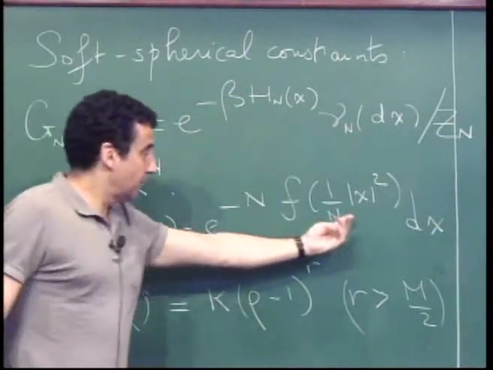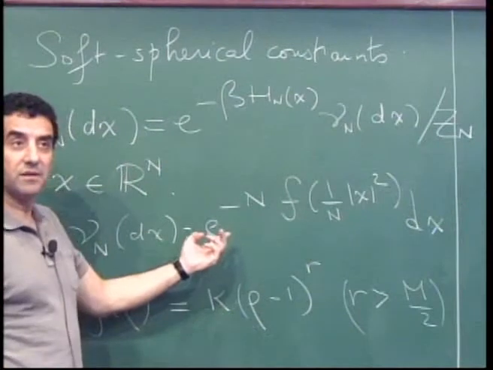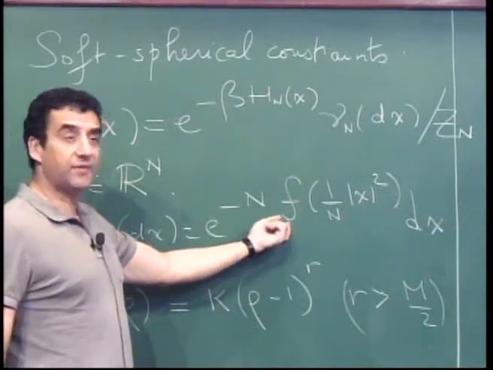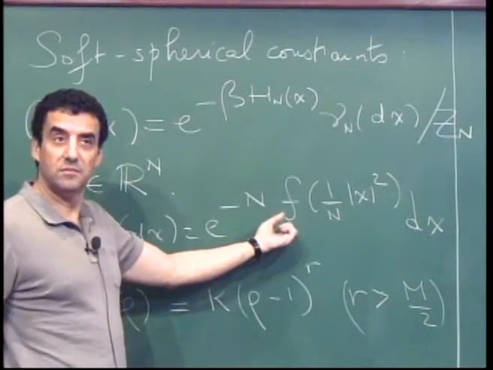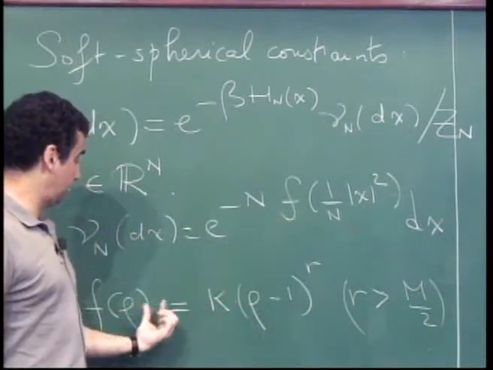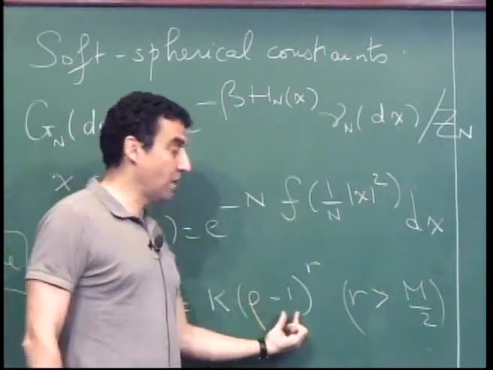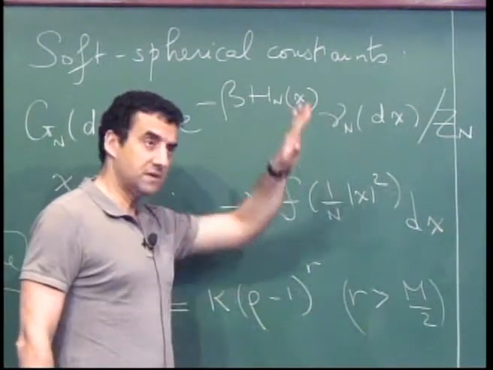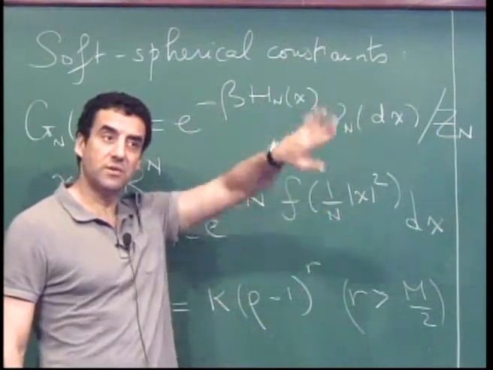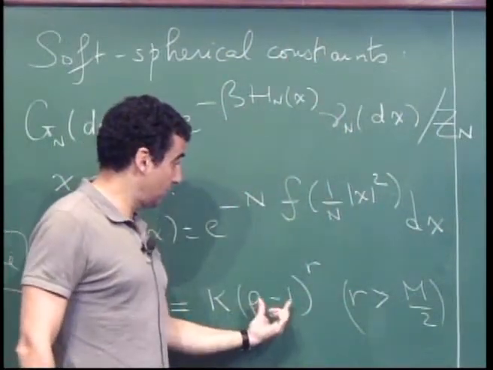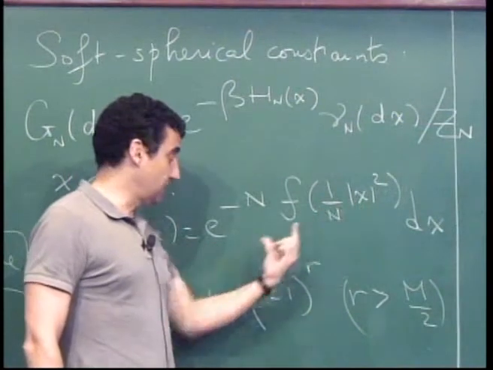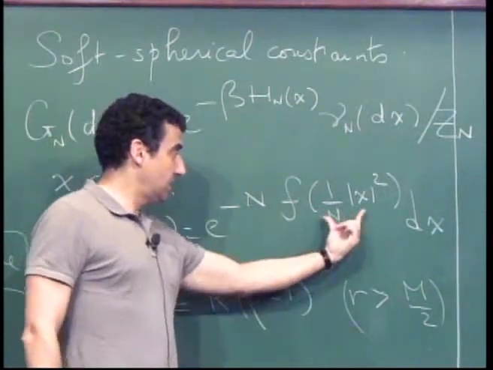This measure here, of course, tends to concentrate the place where f is small. In fact, f is 0 when rho equals 1. So this f is like a potential in the radius. So this tends to concentrate on rho equal 1.